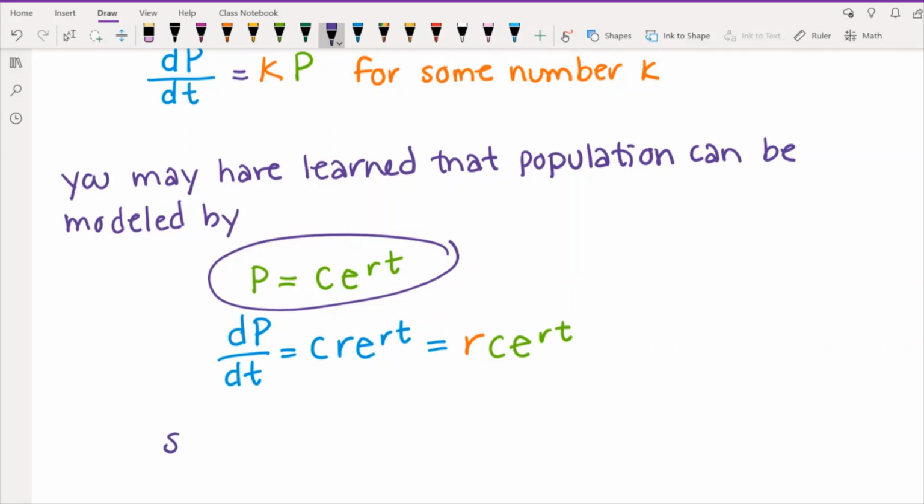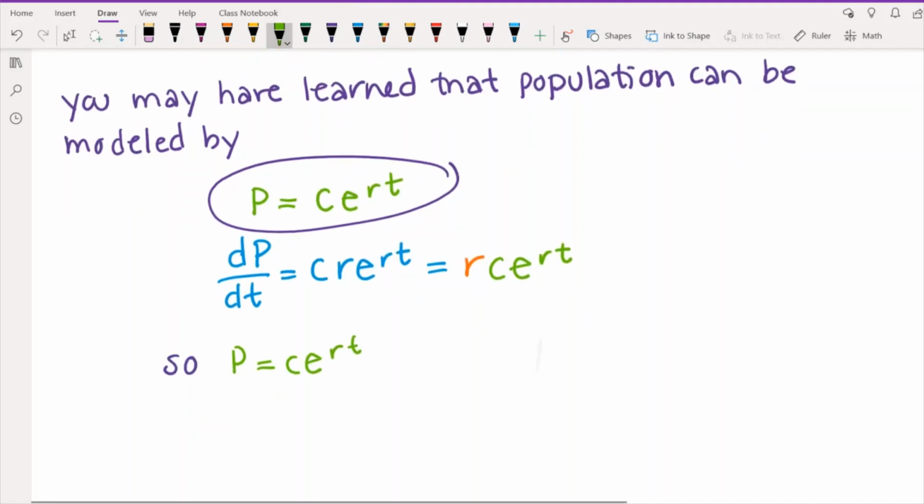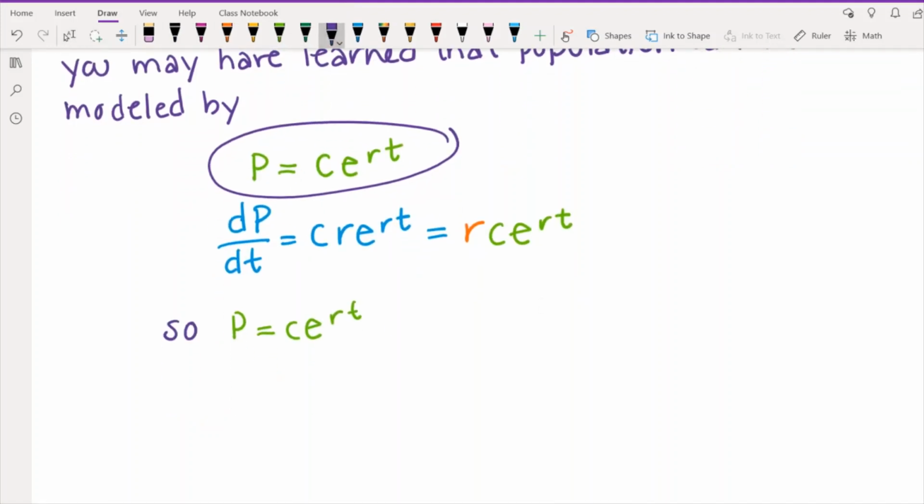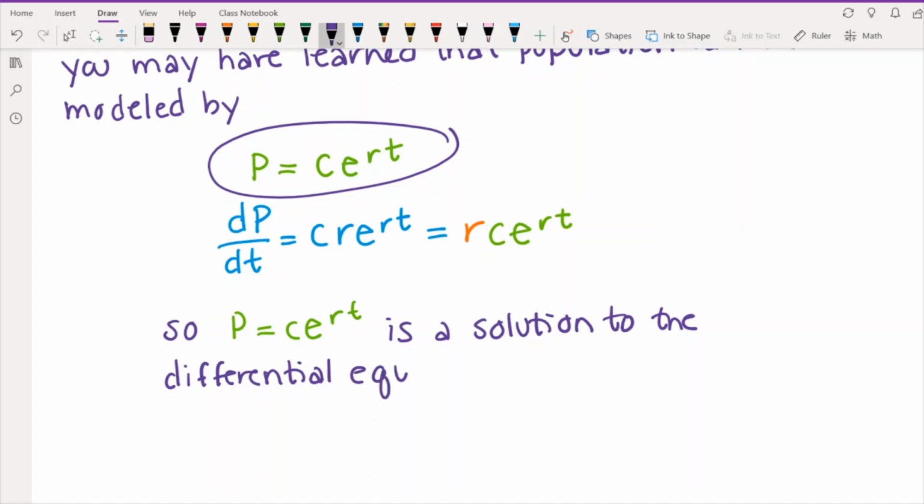And so this tells us that the population function P equals C e to the rt is a solution to the differential equation that said dP/dt is equal to some number k times the original function P.